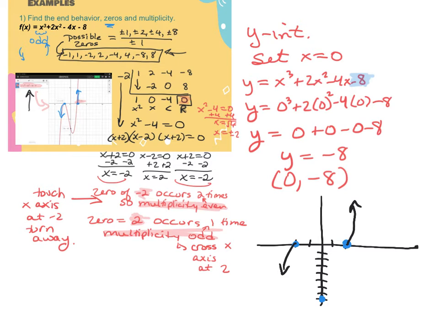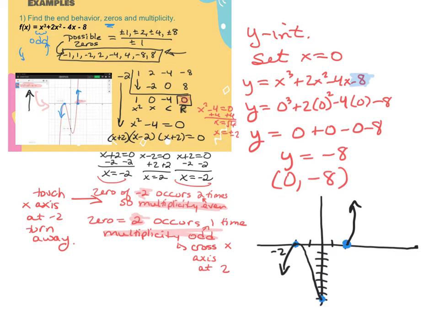Now, what I need to do is see how my graph is going to wiggle in between. Remember this -2 over here, it's not supposed to cross the x-axis because it's got an even multiplicity. So this is going to touch and then turn down.